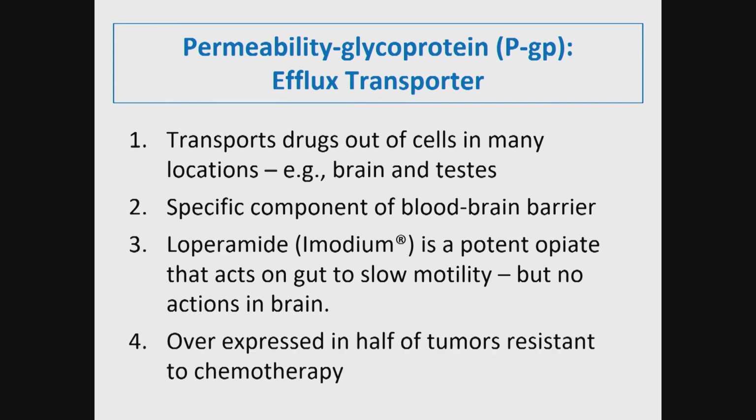in the brain. And I should mention that it is overexpressed in half of tumors that are resistant to chemotherapy. So these drug-resistant tumors, maybe half of them overexpress PGP and other efflux transporters, which in some cases block the entry of the cancer chemotherapy.